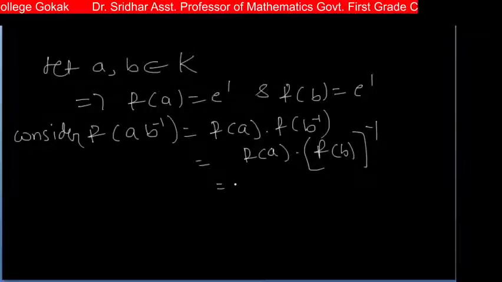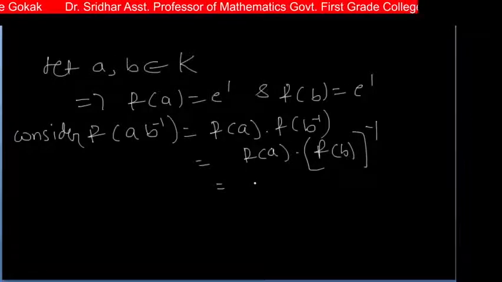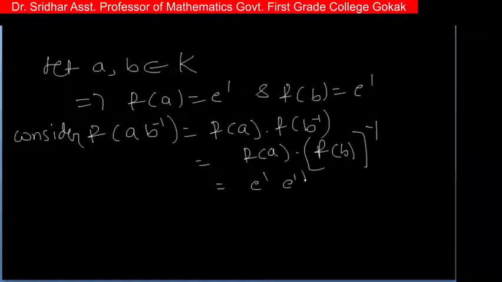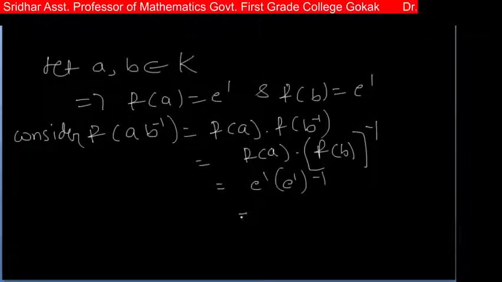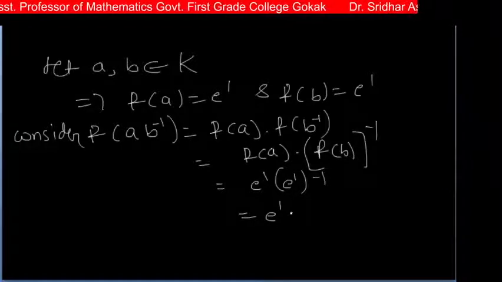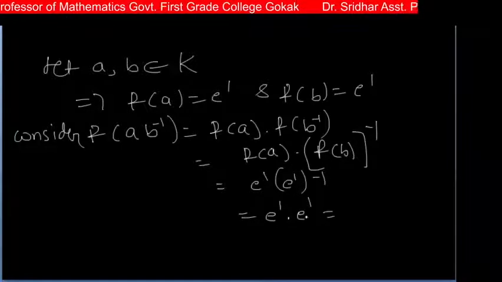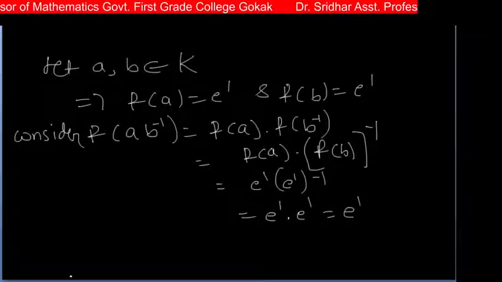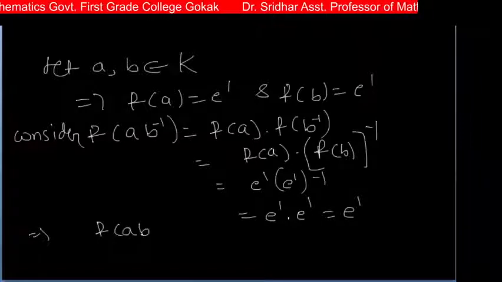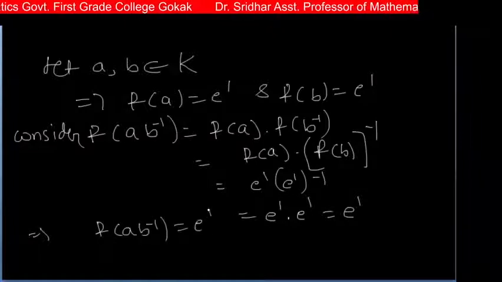Which is equal to e dash into e dash to the power minus 1, or e dash into e dash, since the inverse of e dash is again e dash only. So e dash into e dash is again e dash. So this implies f of a b inverse is equal to e dash.